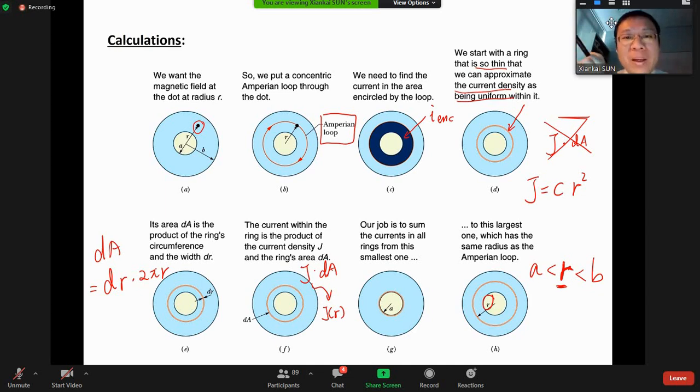If you look at figure B, you have a choice to define the direction of the Ampere loop. In this case, you define clockwise as positive for this Ampere loop. Under this definition, counterclockwise will be minus.